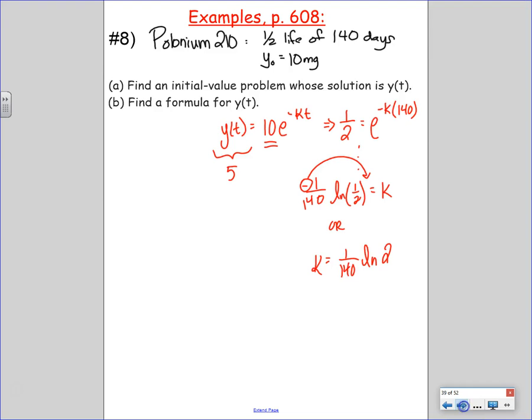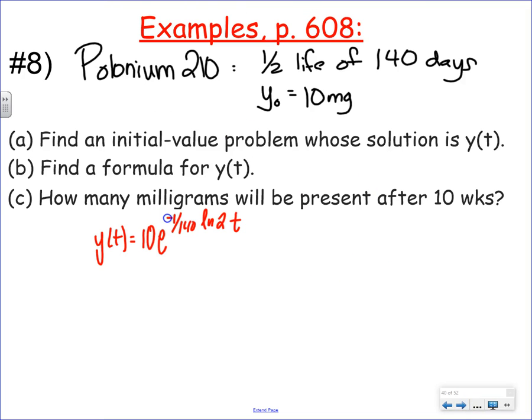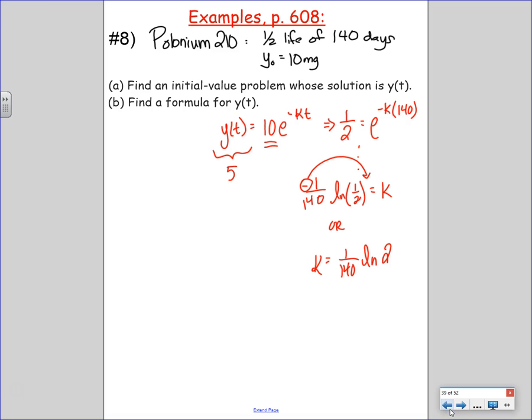Oops, wrong way. There we go. K got plugged in. Because for exponential decay, we had to plug it in. Yeah, so the negative went up and it was ln of 2, but then we still had to plug in the formula with a negative.